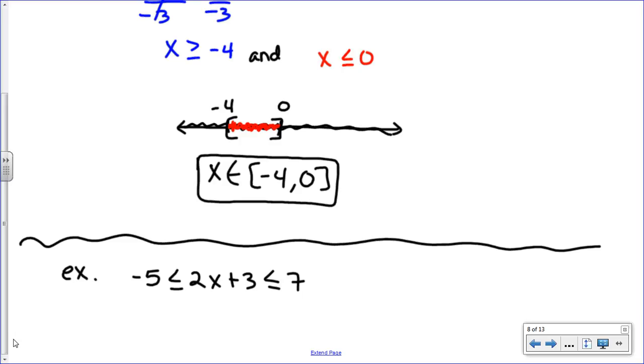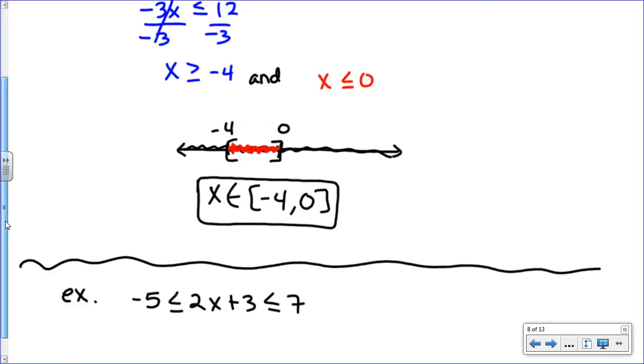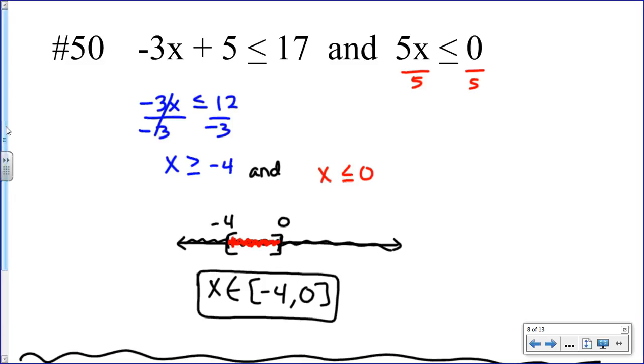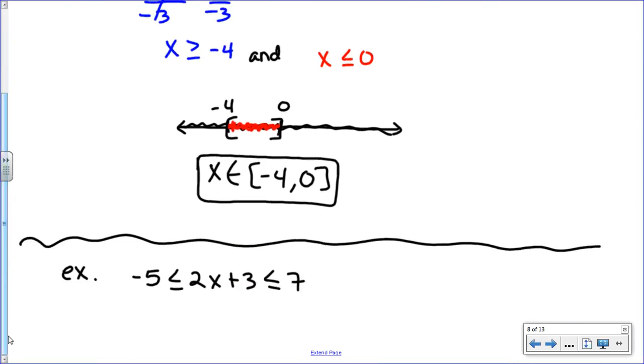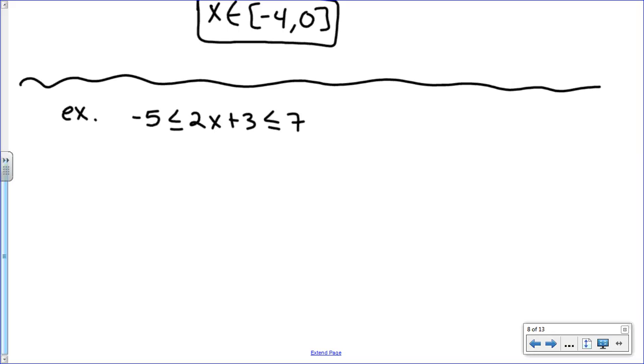I know it's and because I have x in between these two inequality signs. So if it's an and, it's not always going to say and. It could be written like this. What they did was shorten this, basically. So I have two inequalities written as one.